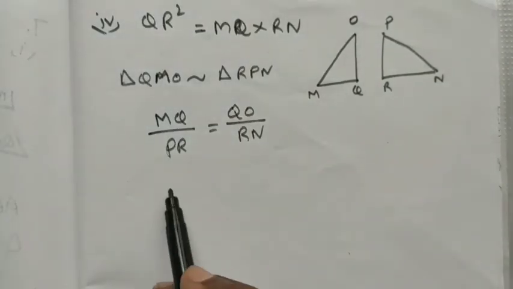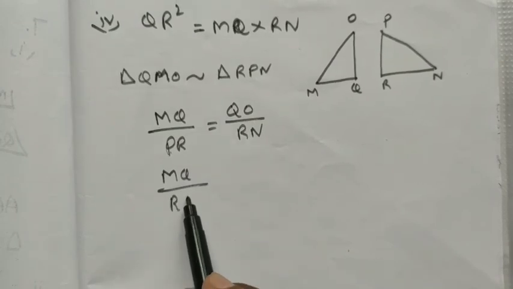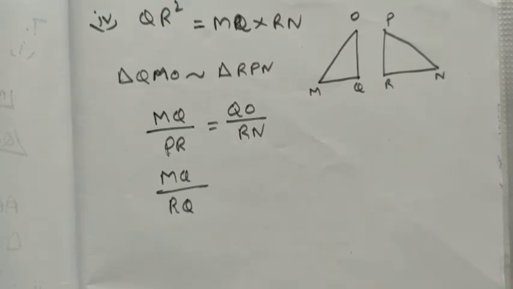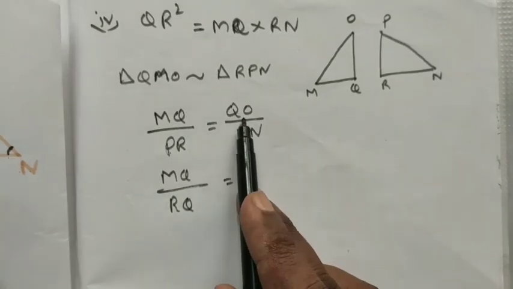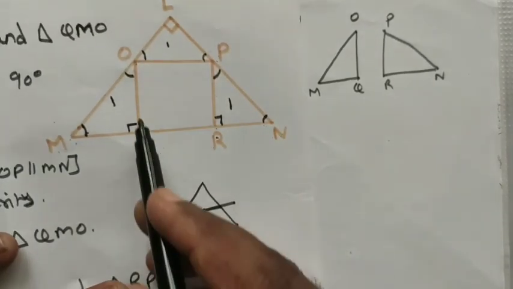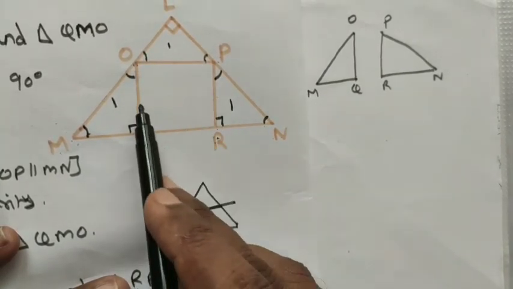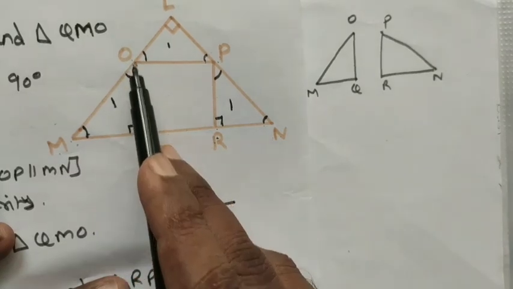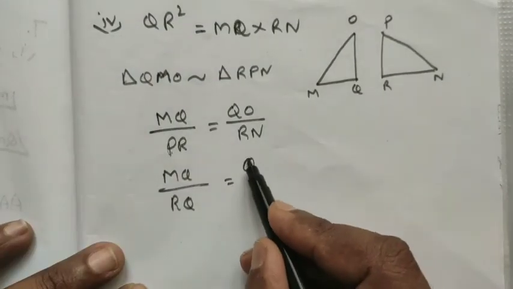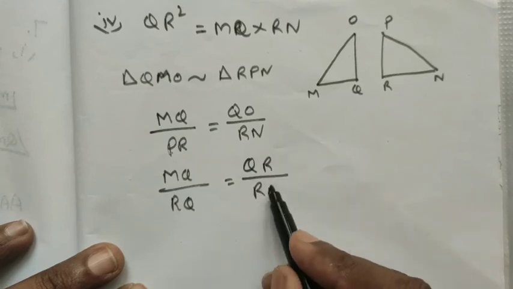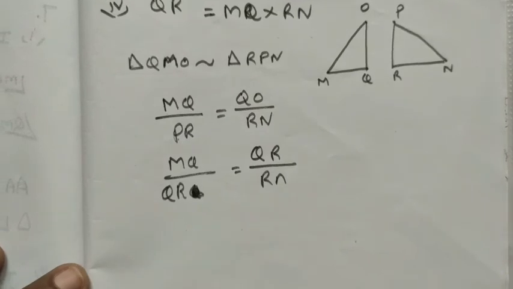See here, MQ divided by PR is equal to QR, and QO is nothing but QR because all the sides are equal. Instead of QO I am going to take QR. See here, QR divided by RN.